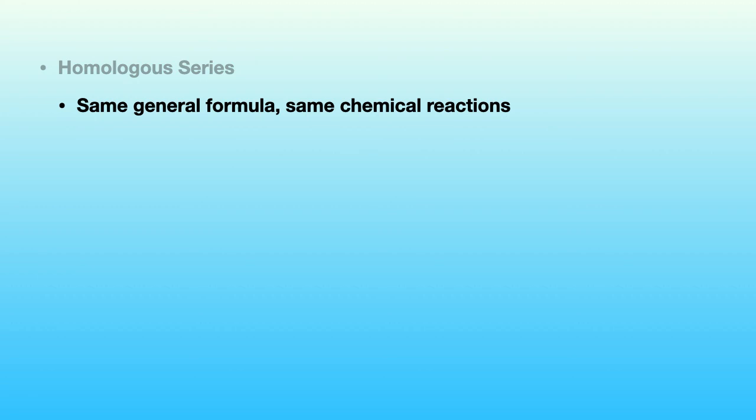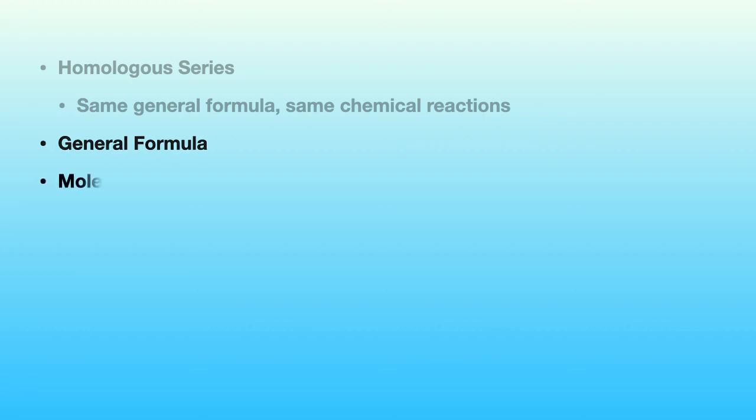Okay, so where should we now be? You should be absolutely clear now what the term homologous series means. It means compounds with the same general formula and the same chemical reactions. You should understand what the term general formula means and apply it to alkanes and alkenes and cycloalkanes. Using a general formula allows you to work out a molecular formula.